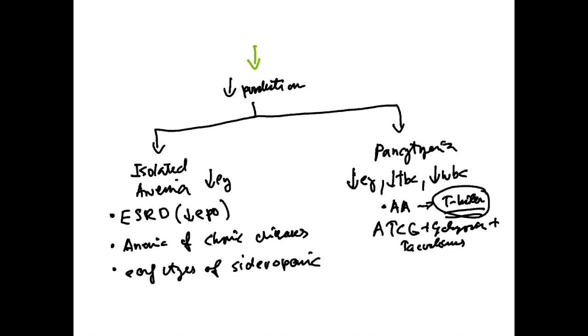And apart from aplastic anemias, of course, all the other bone marrow diseases, like leukemias, they will at the end cause pancytopenia and also anemia. And also myelofibrosis also causes pancytopenia.